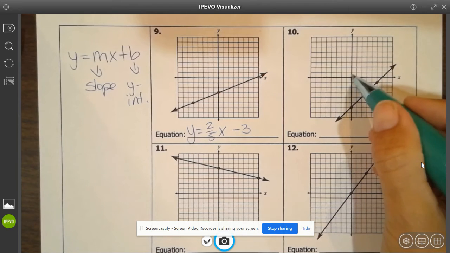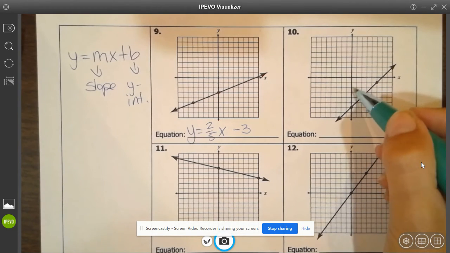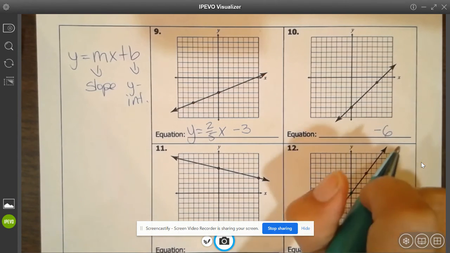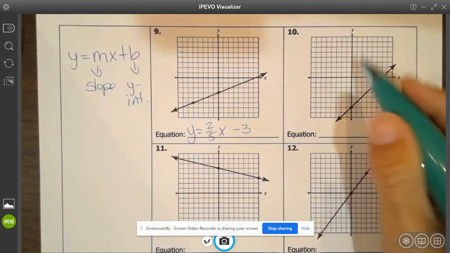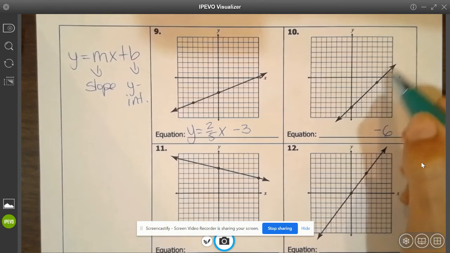So the first thing, my y-intercept, we go from 0, 1, 2, 3, 4, 5, 6. So that's negative 6. That's my y-intercept, the point right on y. And then my slope will be from point to point, right?